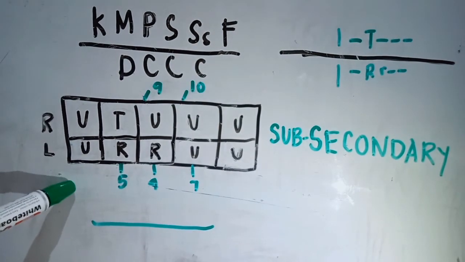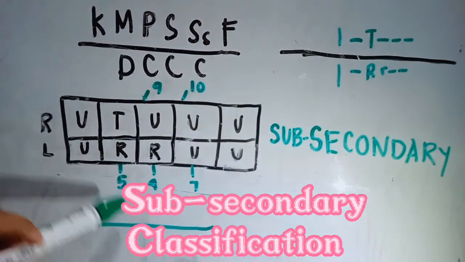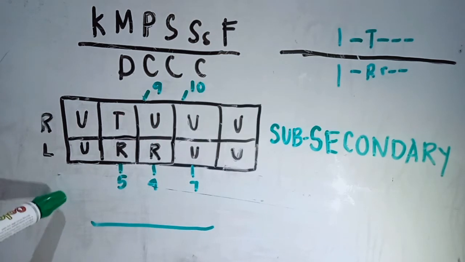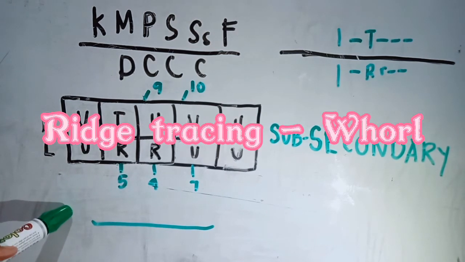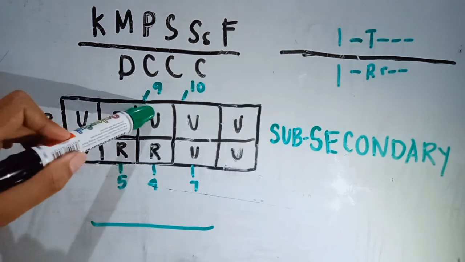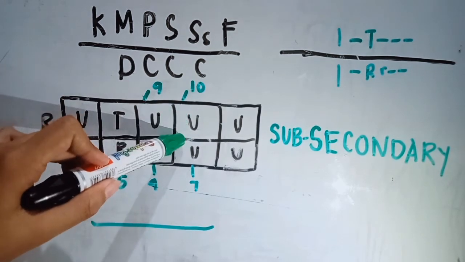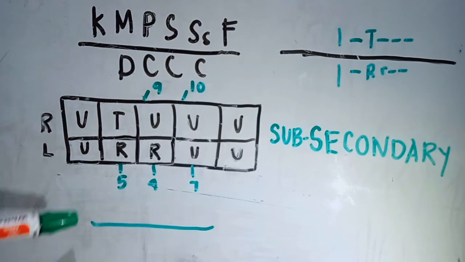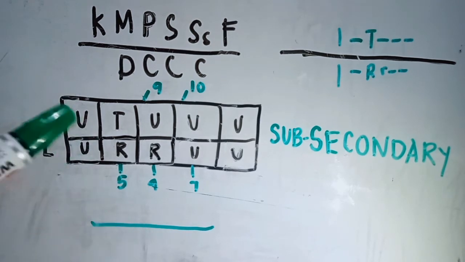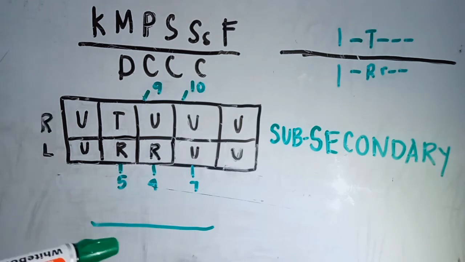The third one is the subsecondary classification. This classification considers the ridge count of the loops and the ridge tracing of whorl patterns appearing on both right and left index, middle, and ring fingers. Ridge tracing is applied only on whorl patterns. When we see a whorl pattern, we can trace it and put I for inner, M for meeting, O for outer.